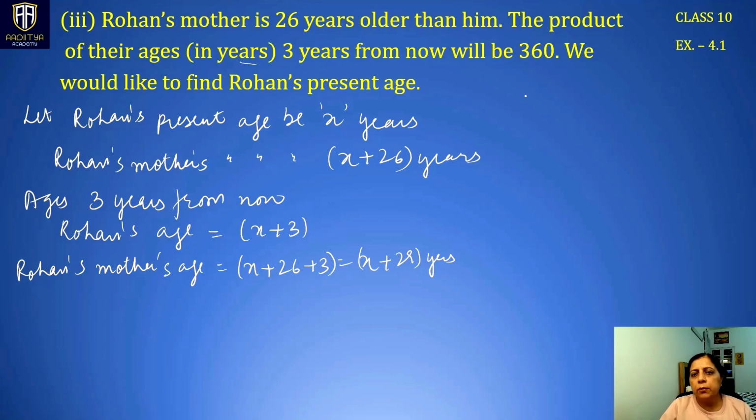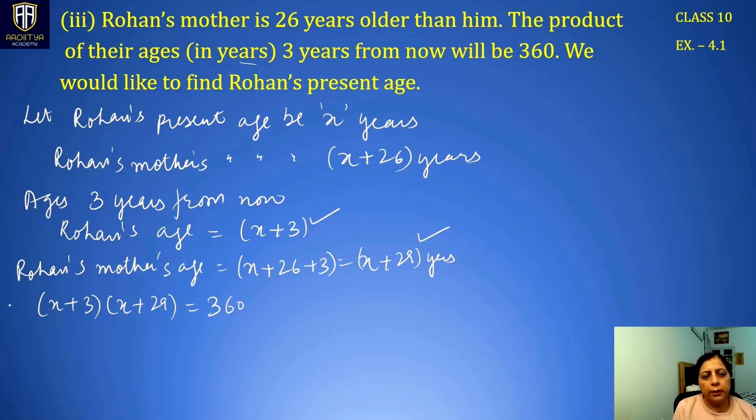Now the relationship between their ages is that the product of their ages 3 years from now will be 360. That means X plus 3 multiplied by X plus 29 is 360. Right? This is a quadratic equation that we have found. Now we have to simplify this to get Rohan's present age.